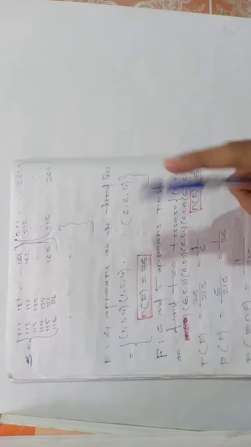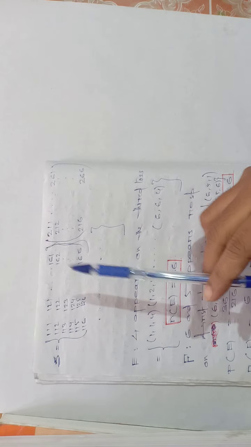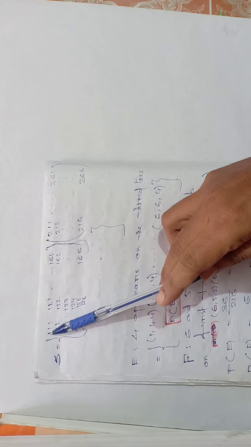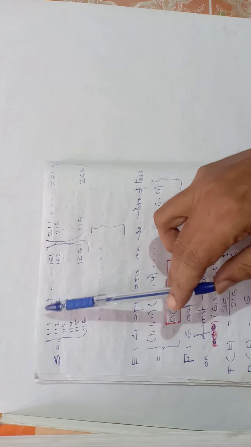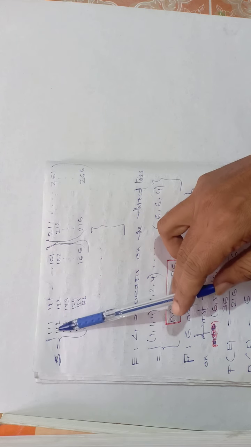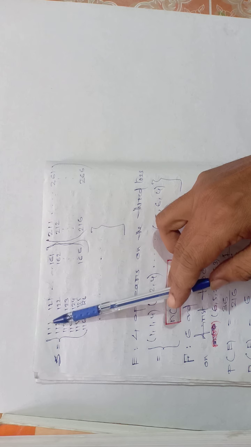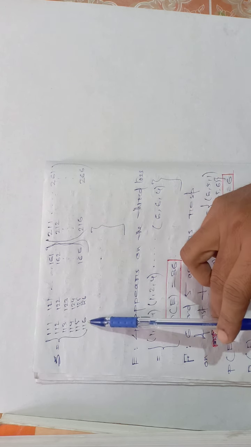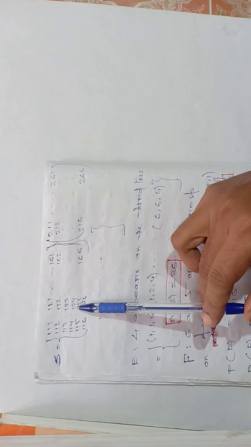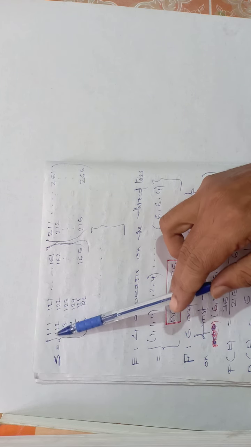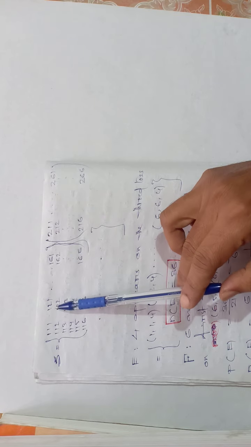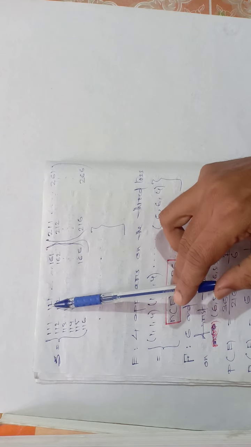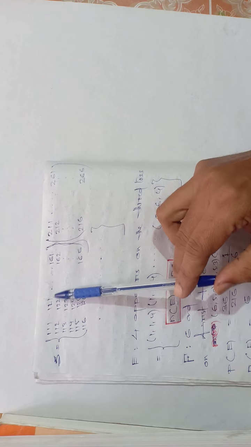Now students, how this 216 comes, I'll give you some idea. Suppose we are keeping the first number 1 fixed, and the second 1 also fixed, and the third die is changing: 1 2 3 4 5 6. In the second set, first is fixed 1, second we are keeping 2 fixed, third one is changing.